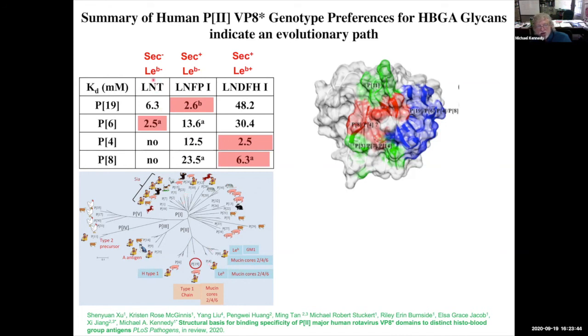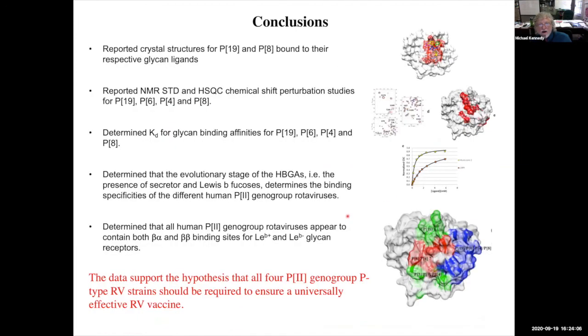The ones that are Lewis negative and secretor negative have the least mature glycan structure. And then as we begin to add the secretor fucose and the Lewis fucose, we consider those to be more evolutionarily mature histo-blood group antigens. So with that, I'll just go over our conclusions.